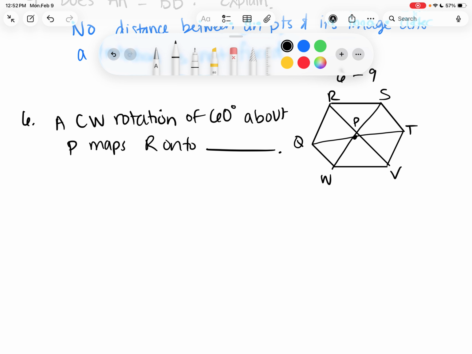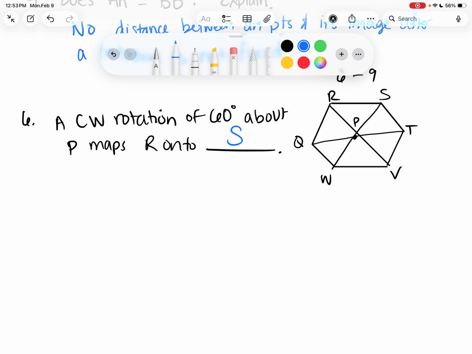So if I rotate 60 degrees clockwise, where does R go? Like what other point on here? So T, S, T, V, W, or Q, which one would it fall on? Yep. It would be point S.